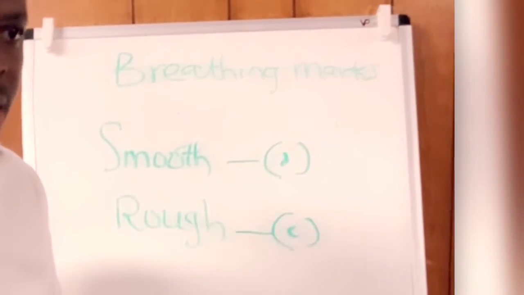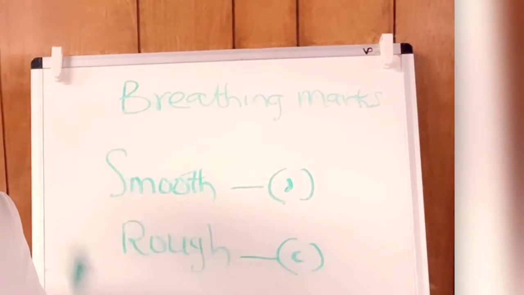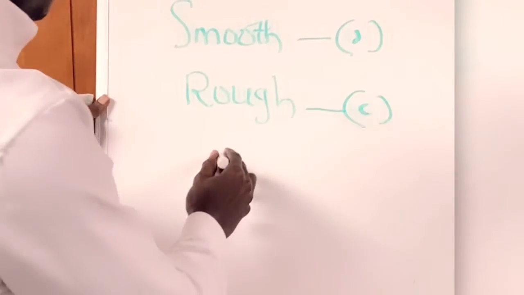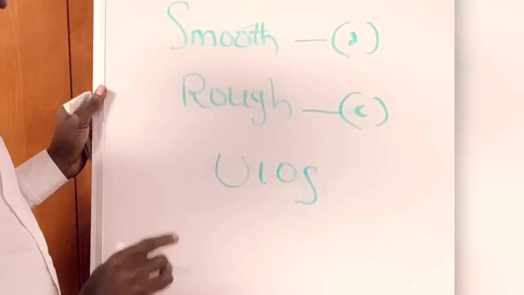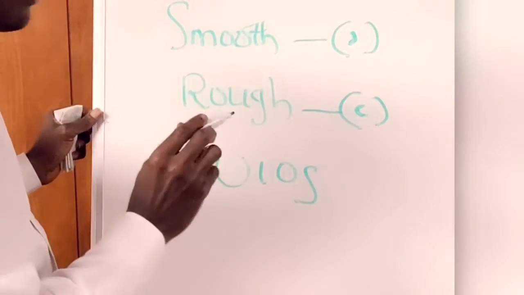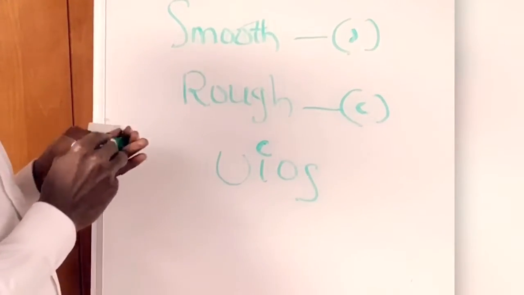Meanwhile, bear this in mind that these breathing marks are placed on top of any vowel or diphthong that begins a word in Greek. For instance, you have a word like huios. Huios is a Greek word. And why it is pronounced as huios is because of the rough breathing mark that is placed on the second letter of a diphthong.